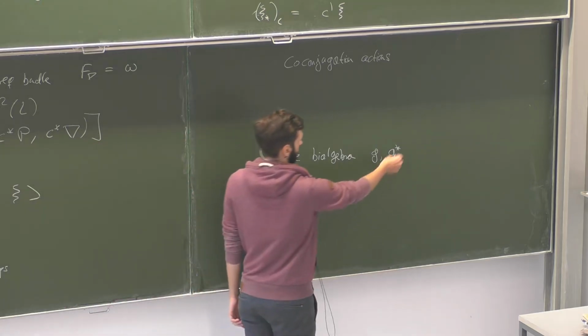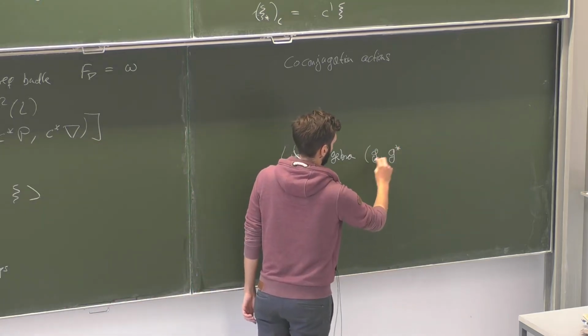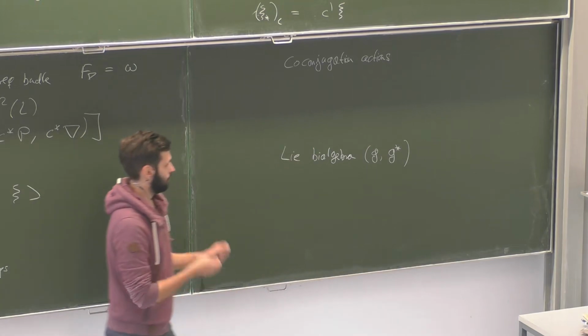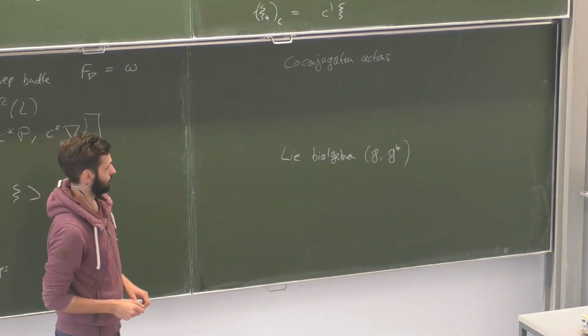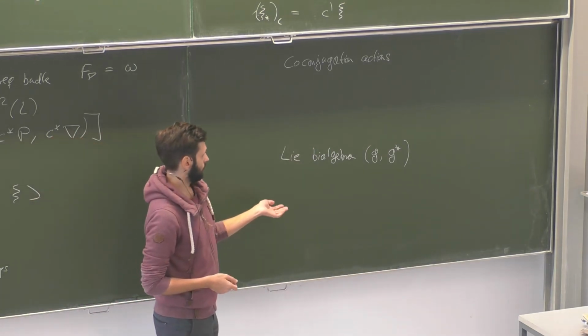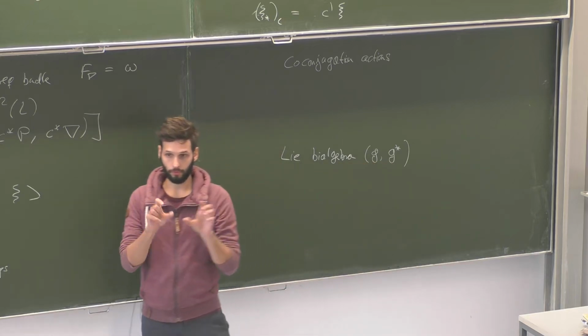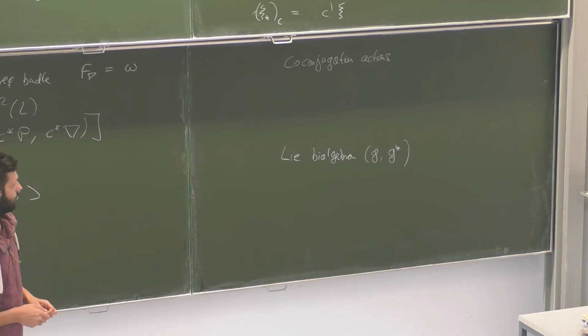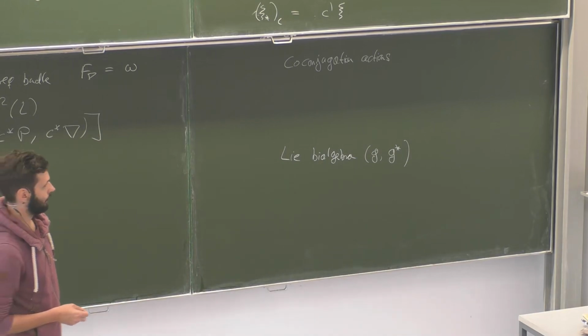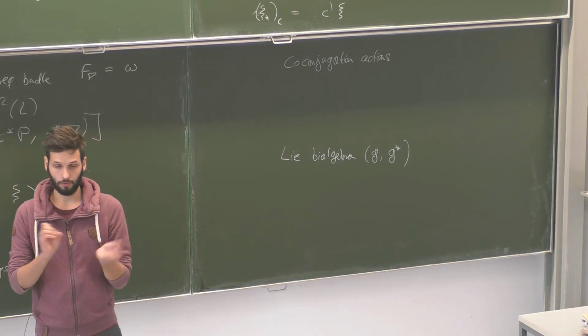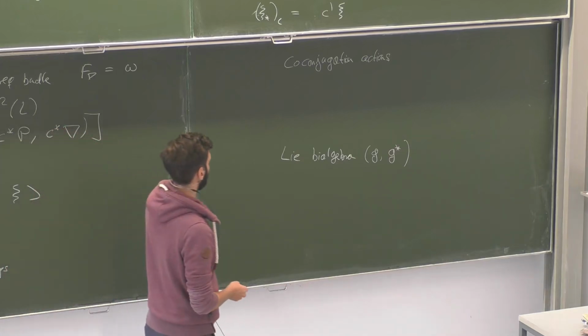So one of them I denote by the dual, but in general, you have two Lie algebras which nicely fit together so that you can form, again, a Lie algebra structure if you take both of them together. So that's what is sometimes called a double or a Manin triple, which is very much connected to that.